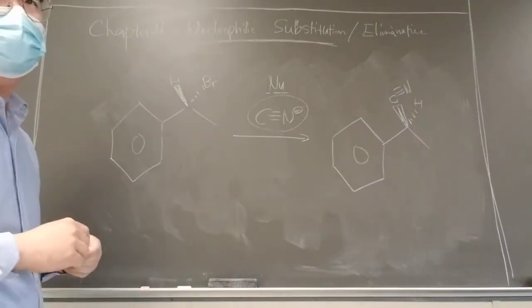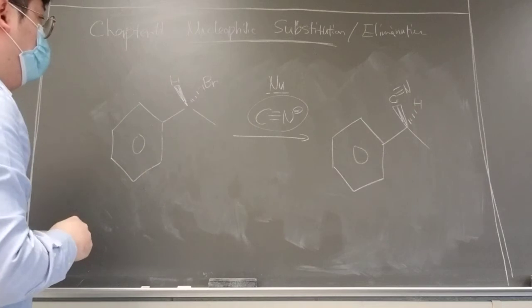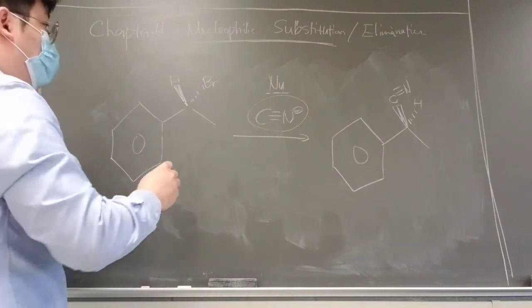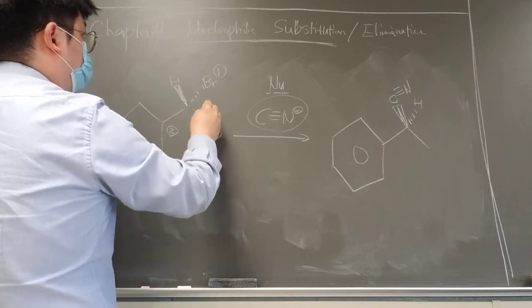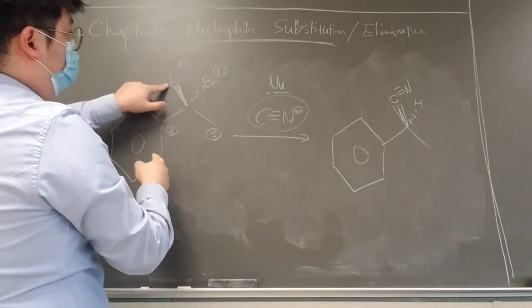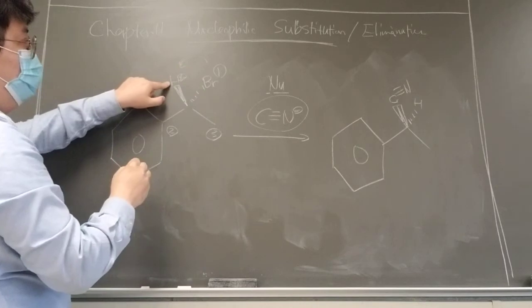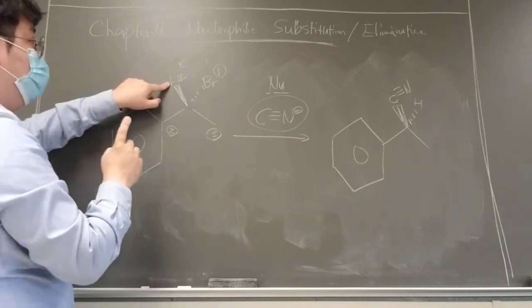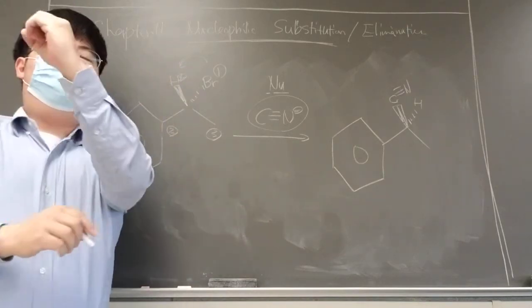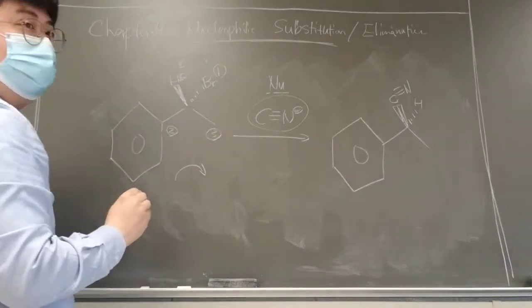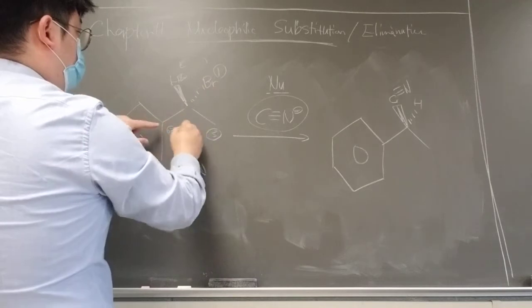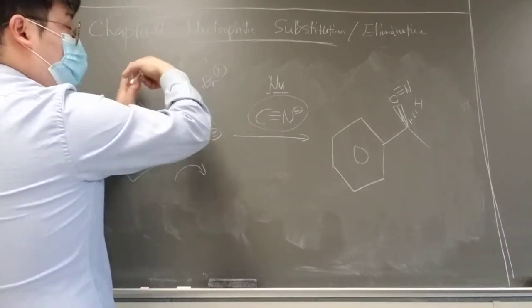Okay. So if you do this one again, it'll be 1, 2, 3. So it's going this way, but your least priority group is up front. So we're going to put it in the different direction. So it's just going this way. Right? So 1, 2, 3 is going this way, so counterclockwise.